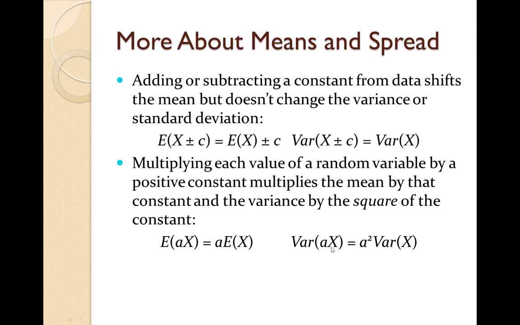For variance, however, that value of a comes out, and since variance is squared units and that multiplier isn't, you have to square that and then multiply it to your original variance to get the new variance. So these are formulas that you need. You just basically need to memorize these. All right? So this is what happens when you change things by adding or subtracting a constant or multiplying by a positive constant. All right? So you need that.